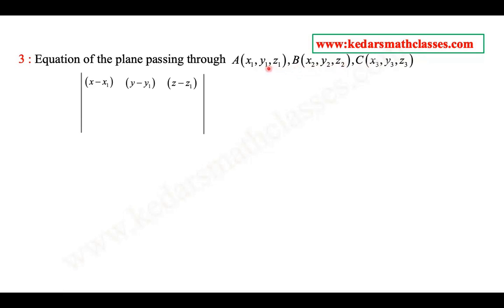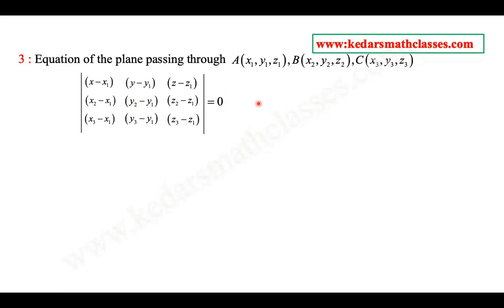That is passing through A, r minus A: x minus x1, y minus y1, z minus z1. Then AB: x2 minus x1, y2 minus y1, z2 minus z1. And AC: x3 minus x1, y3 minus y1, z3 minus z1. This determinant should be equal to 0.